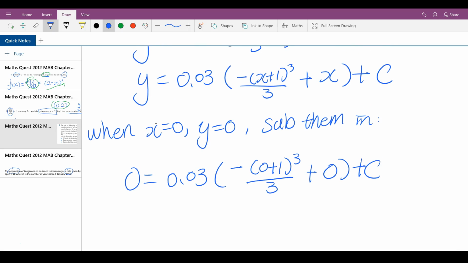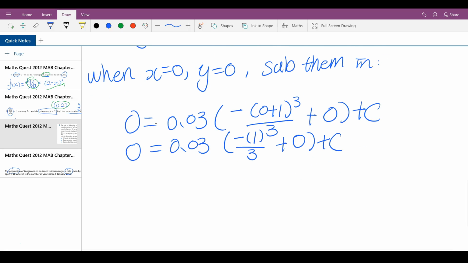All right, so this becomes 0 equals 0.03. Now 0 plus 1 is 1. 1 cubed is still 1. Plus c. So 0.03 is just multiplied by negative 1 over 3 plus c.